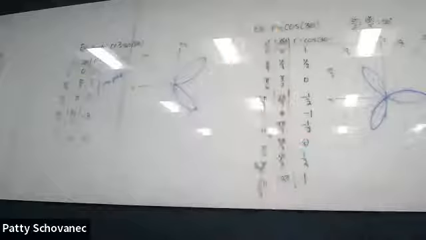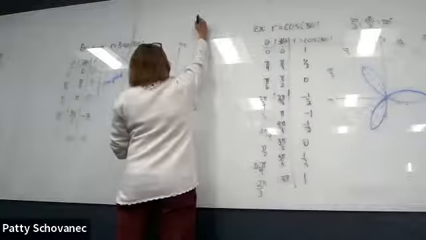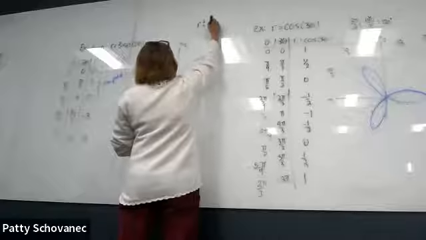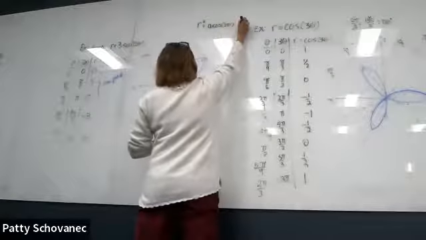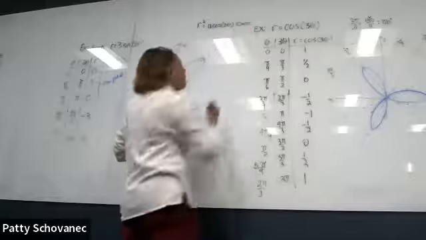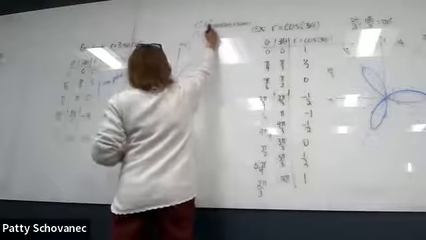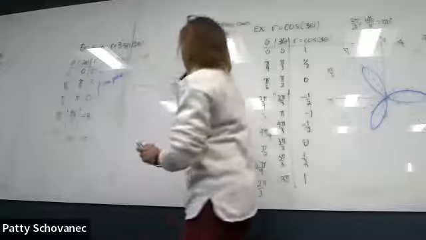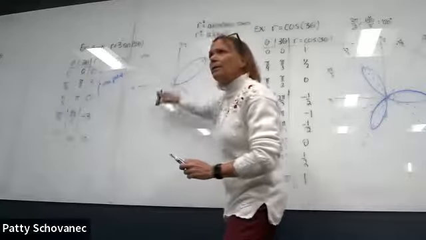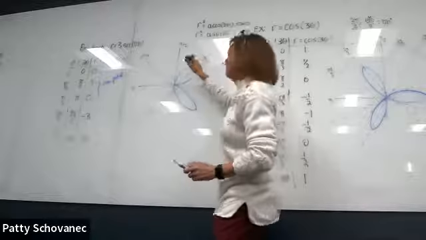And so r squared is equal to some number times the cosine of 2 theta is going to give you an infinity symbol on the x-axis. R squared is some number times the sine of 2 theta just gives you this petal and this one. It gives you a pi over 4 centered infinity symbol.